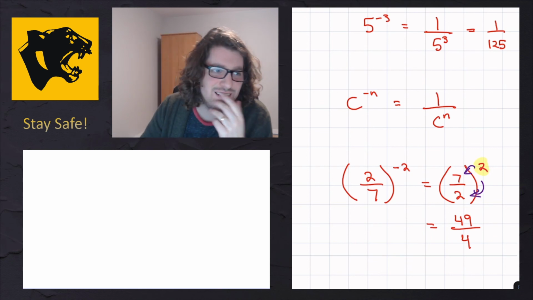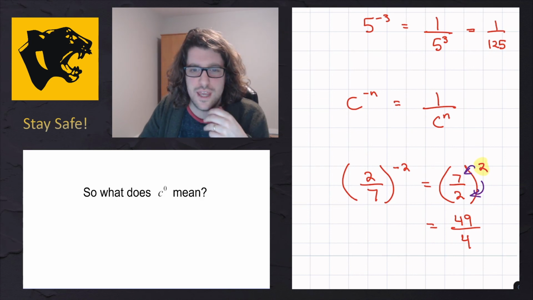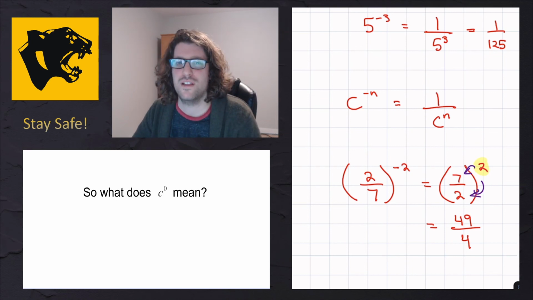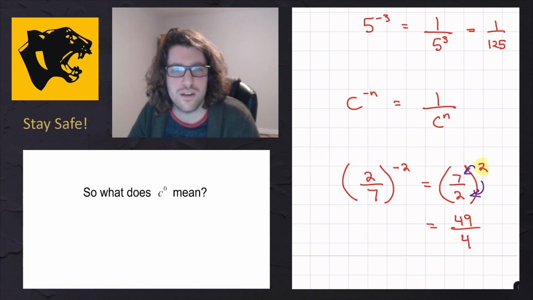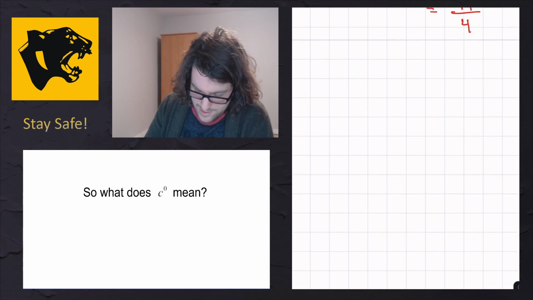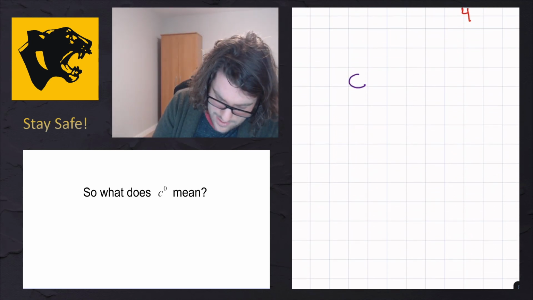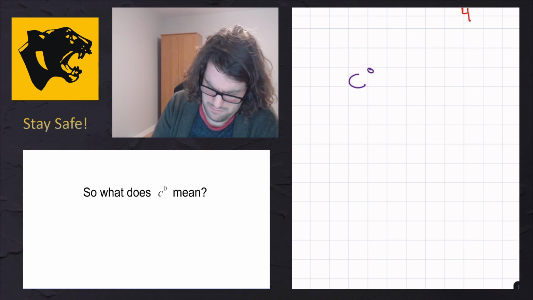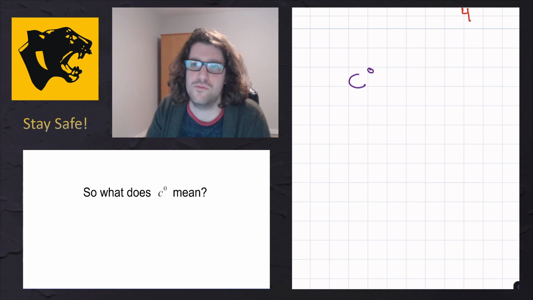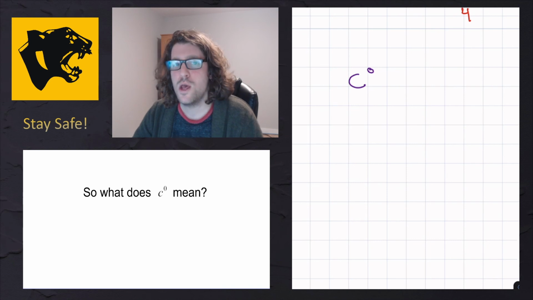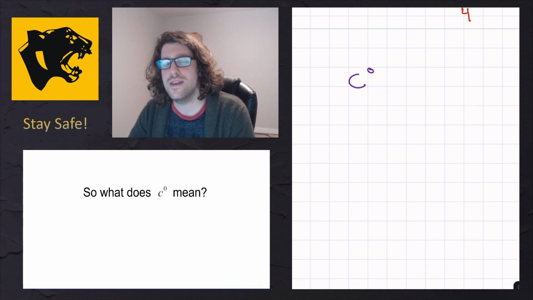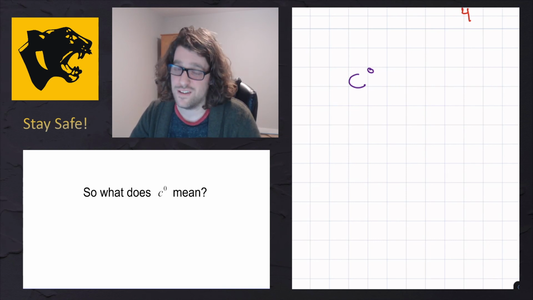As a little side, interesting thing, if we know that and are feeling comfortable, then we can discuss, what does something to the power of 0 mean? Power of 0, you might already know what it is, but we can show by using a negative exponent what it definitely is.